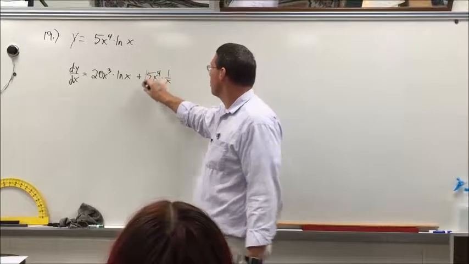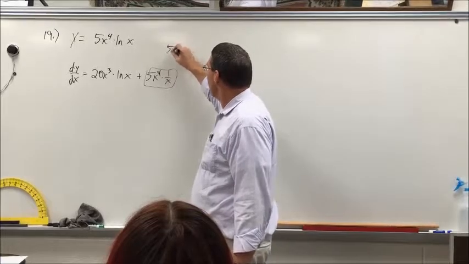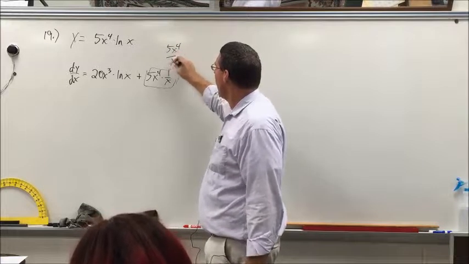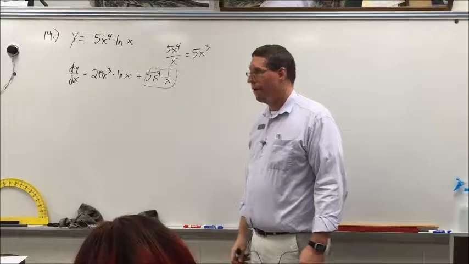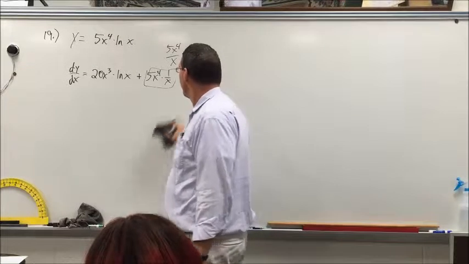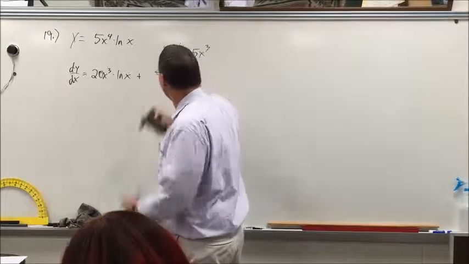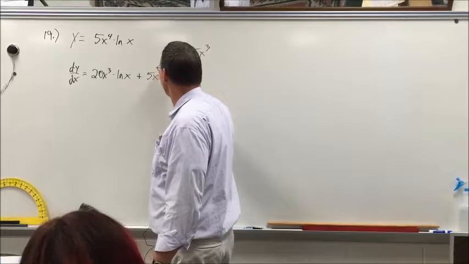What can this turn into? 5x to the 4th over x, which becomes 5x to the 3rd. So we could just simply write here 5x to the 3rd.